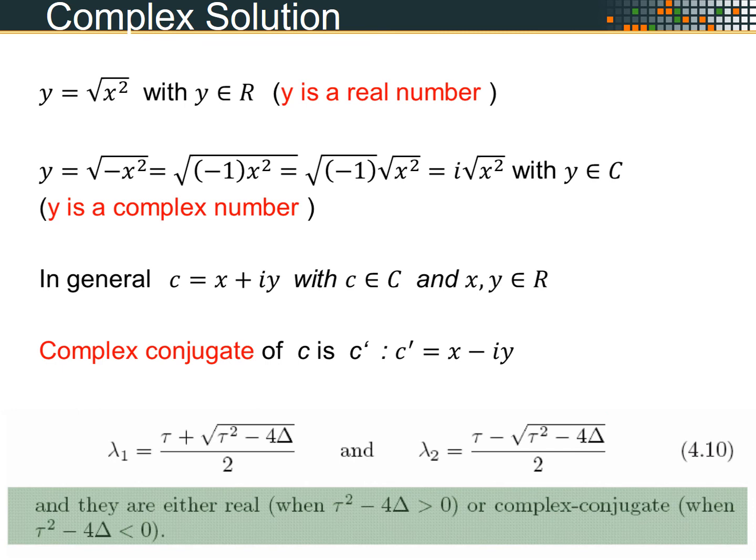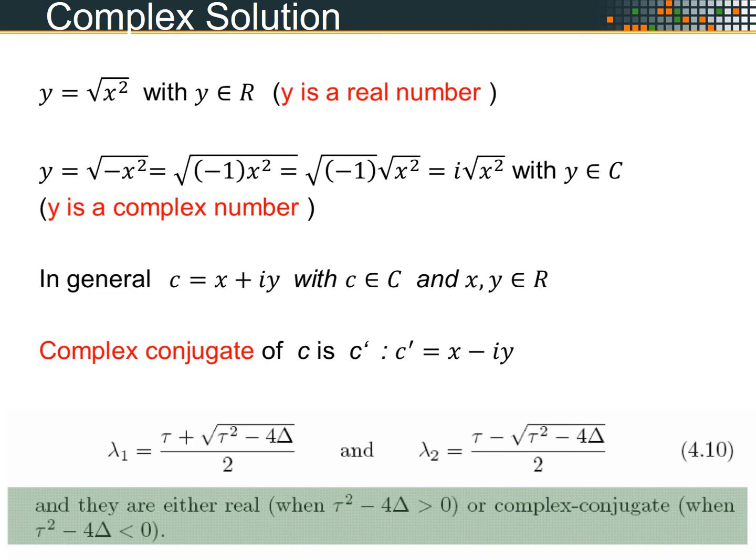A quick reminder of what that means. If we compute the square root of x squared, then the square root is the inverse function of x squared, right? Then y is a real number, because x squared is always positive.